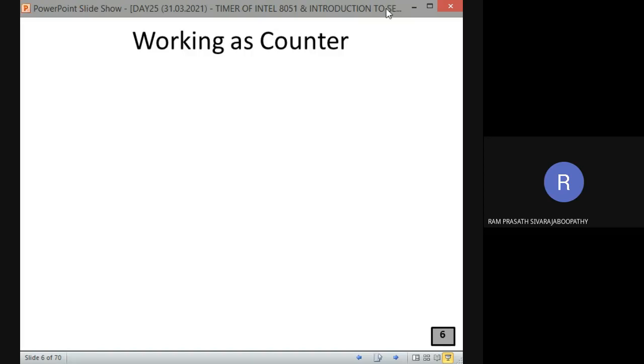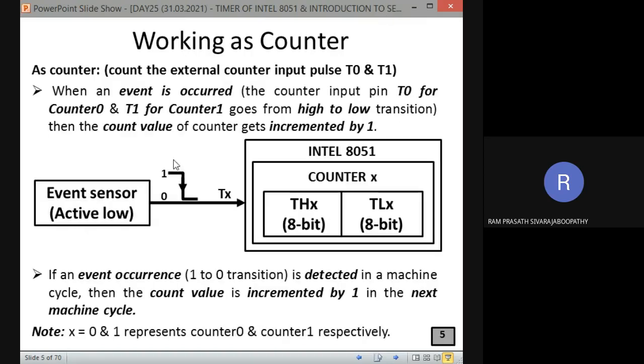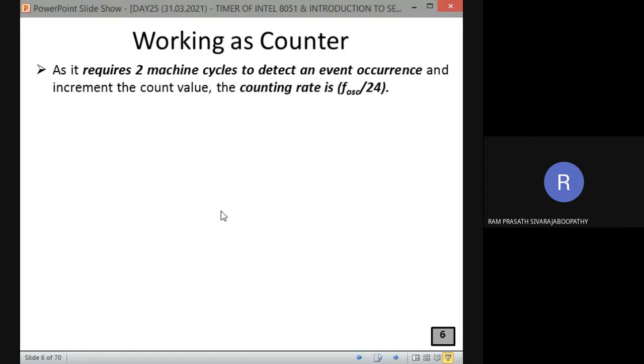So kindly go through this diagram. You can understand. Whenever an event occurs, a 1 to 0 transition occurs, it senses an event. At the next machine cycle, it will check whether the event is completed or not. If that happened, it is sensed as one event occurrence.